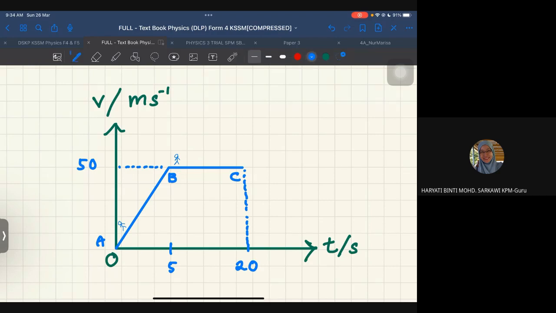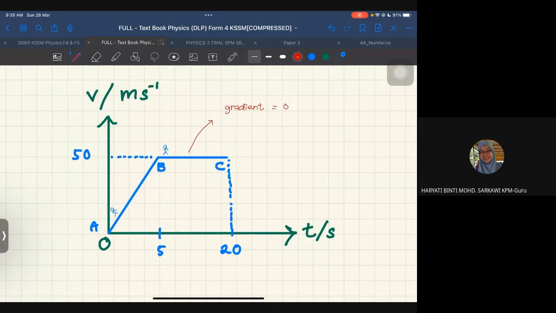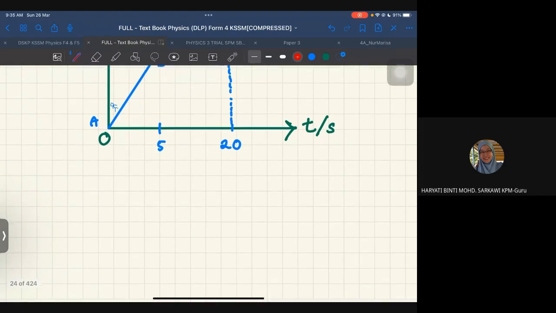So here, this gradient equals 0. But AB has a constant gradient. All right, so first we try to calculate the gradient from A to B. What is the gradient for A to B? So cikgu writes here M. I'm using symbol M for gradient. So gradient AB.